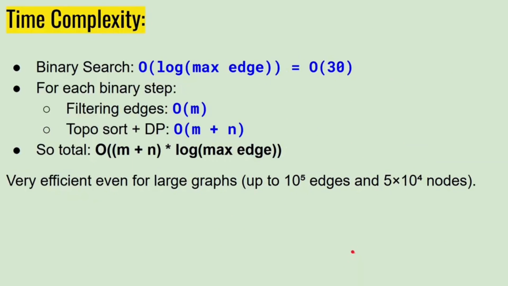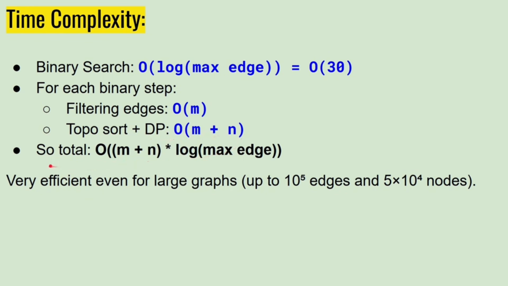Okay. If we talk about the time complexity, the binary search is O(log max edge cost), and let's suppose the max edge is 10 to the power 9, so about 30 steps. For each binary step, we filter in O(m), and then the topological sort plus DP takes O(m plus n).